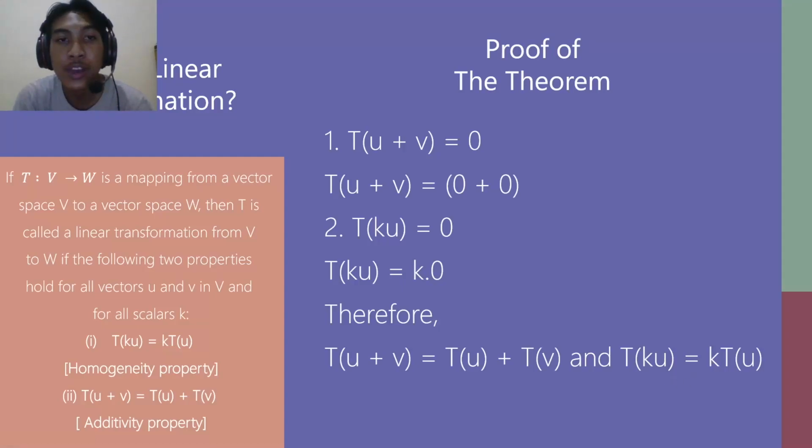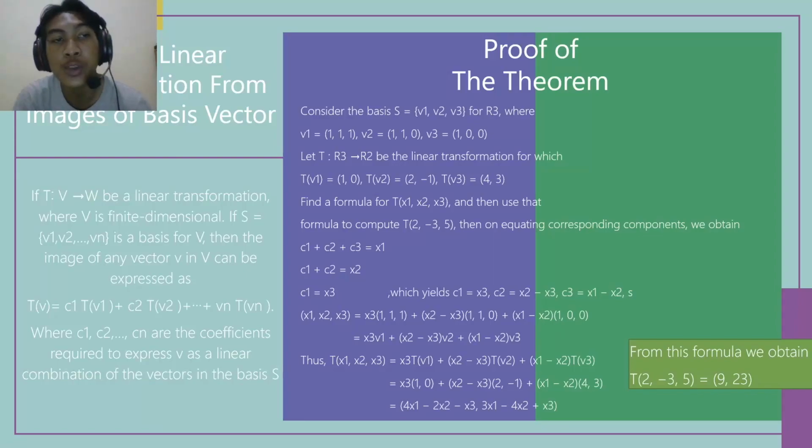We move on to the next one, which is finding linear transformation from images of basis vectors. Let's say T from V to W is a linear transformation where V is finite dimensional.